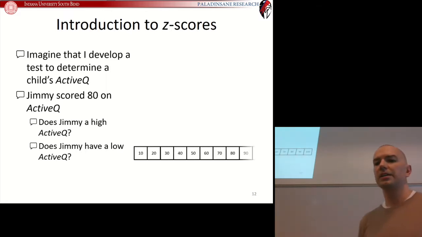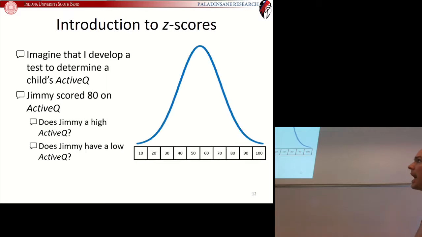So if this is the population's set of scores on active Q, and you can see all the way from a low of 10 up to a high of 100, if this is the distribution of scores for active Q in the population, then Jimmy does have a pretty high score on active Q, right?